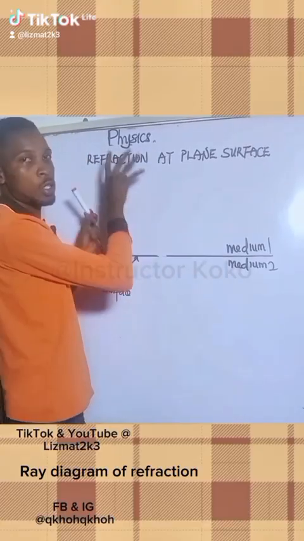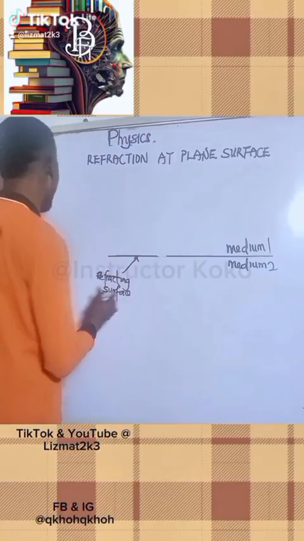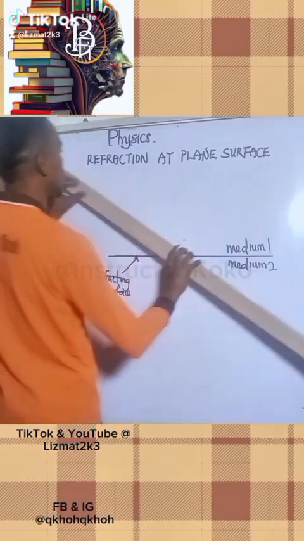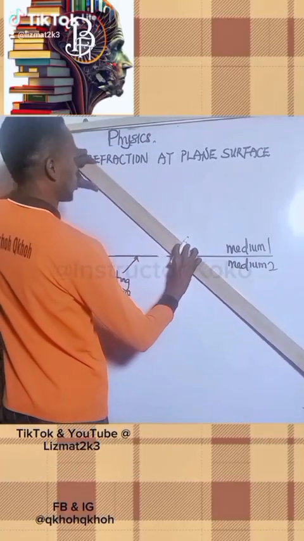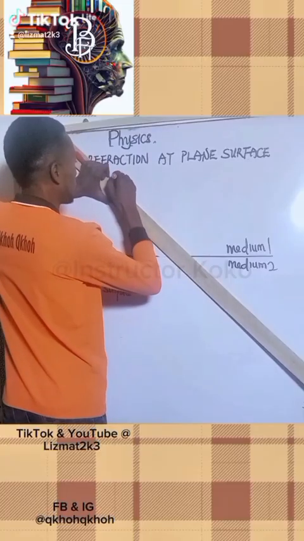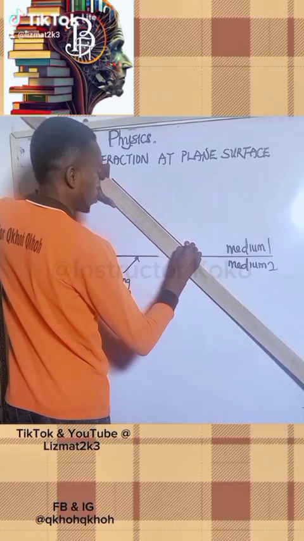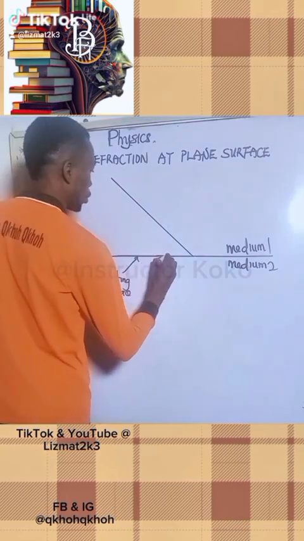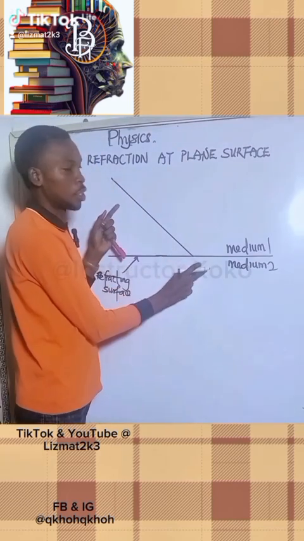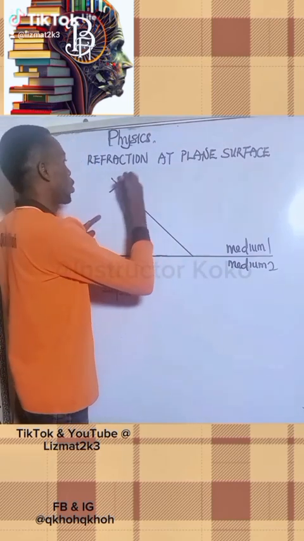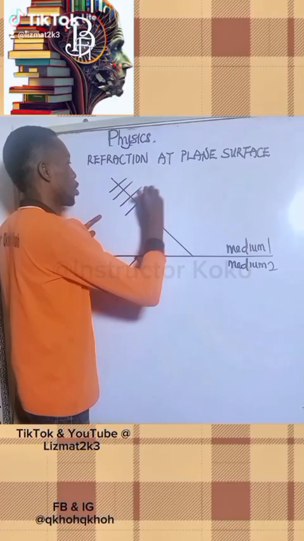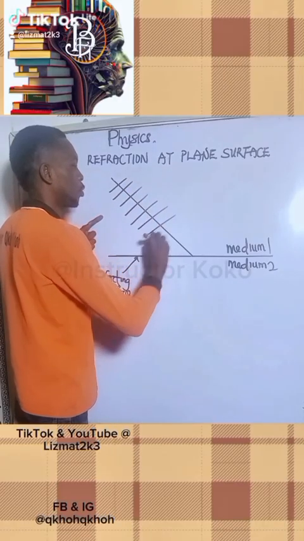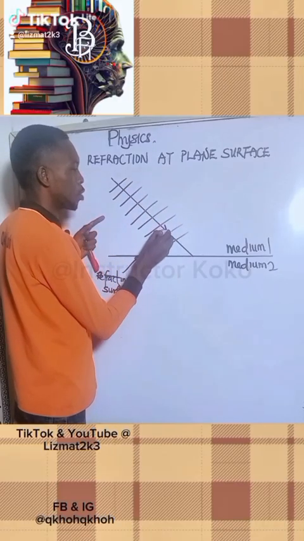So we're going to draw a diagram to represent the incident wave front. So we have something like this. All right, this line is called your what? The direction of the incident wave front. So you put your arrow there.